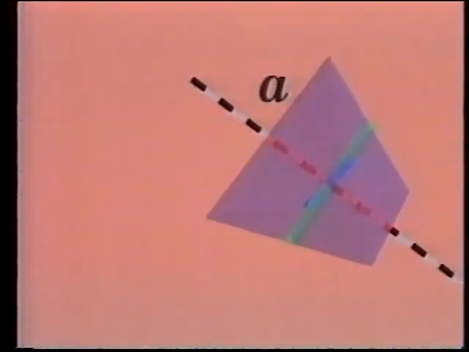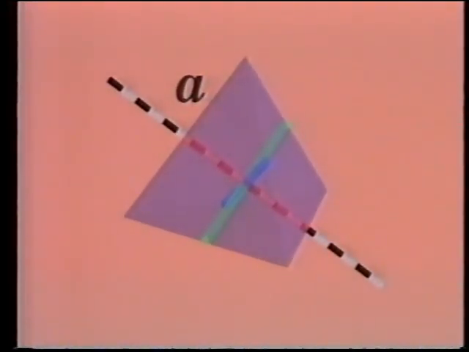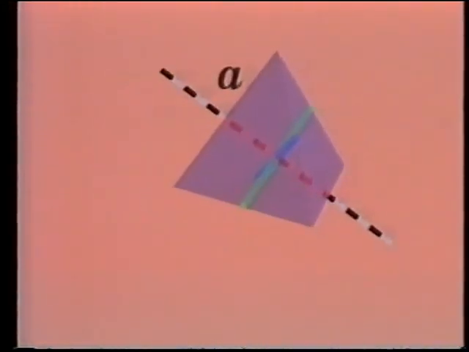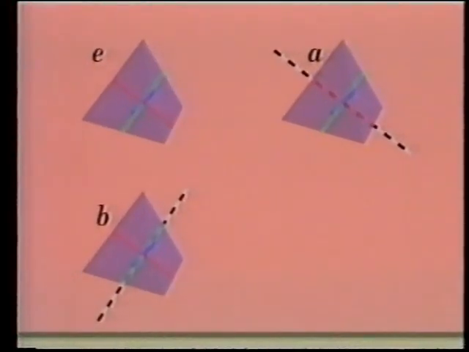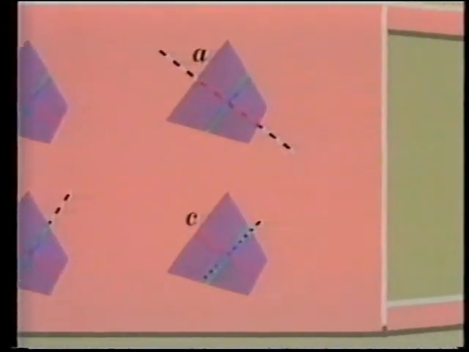But so does the symmetry A, and the symmetry B, and C. So the four symmetries E, A, B, and C do all correspond to the identity permutation of the axes.